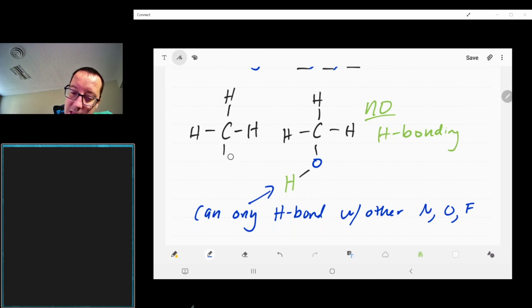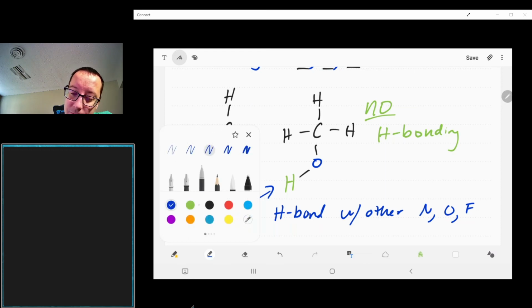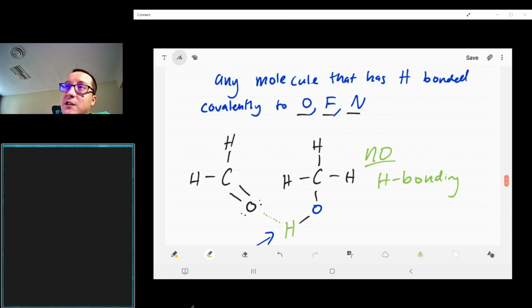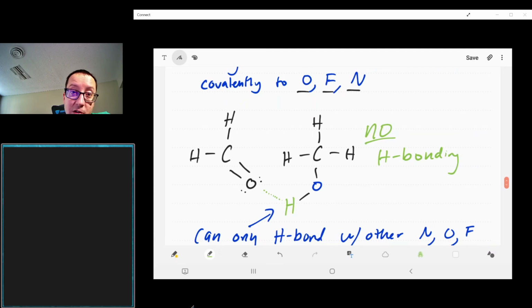But let's say if we had formaldehyde instead, now these two can interact together. Now we can see that that hydrogen can interact with that oxygen. So not only do you need it covalently bonded to an oxygen, nitrogen, or fluorine, but you need another molecule that has one of those three elements as the bonding partner.